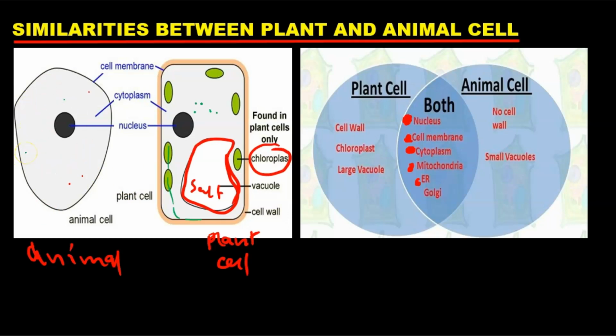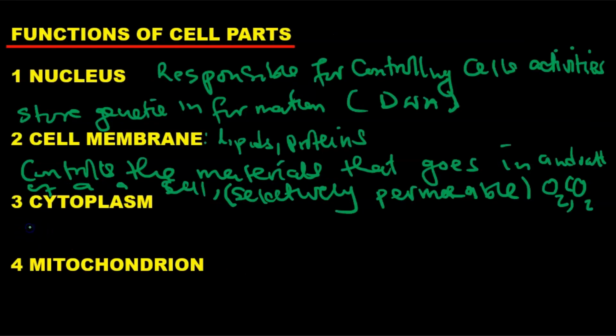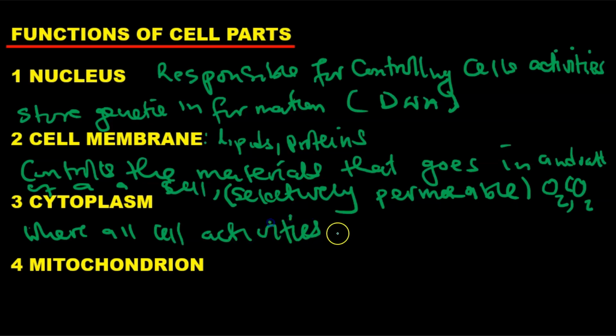What is the component really of the cell cytoplasm? So it contains dissolved substances such as proteins, salt, and contains cell structures called organelles. So that is where all the cell's activities take place.